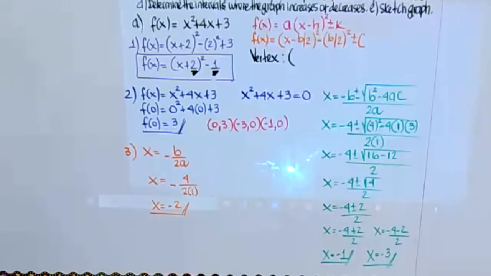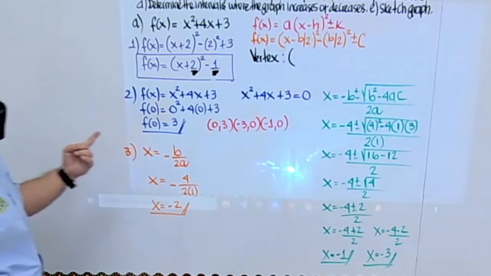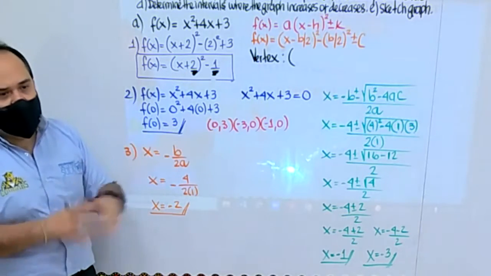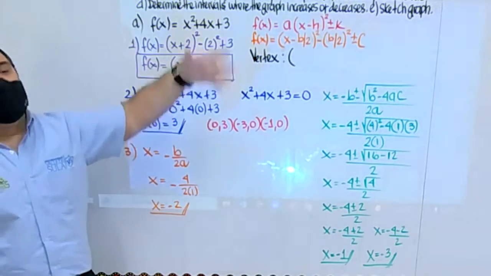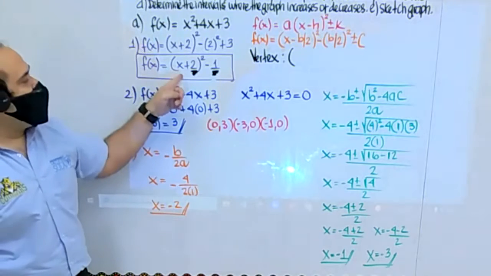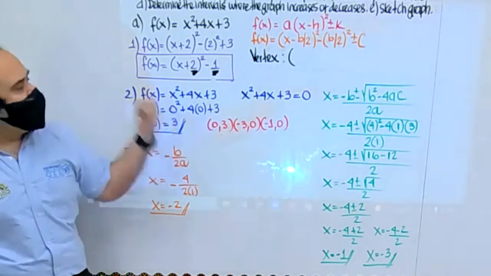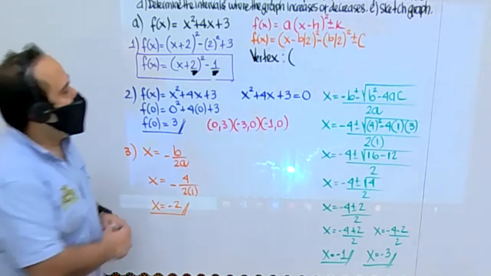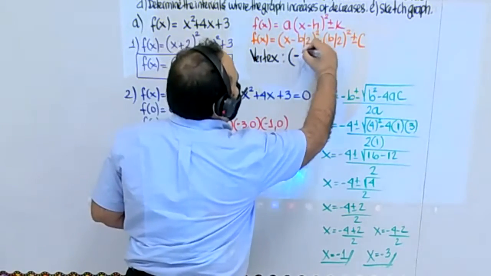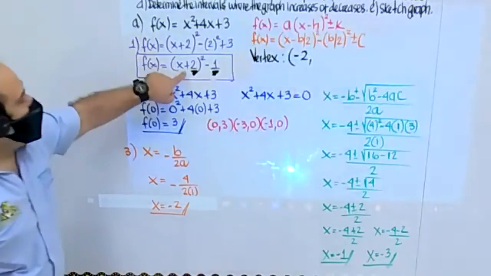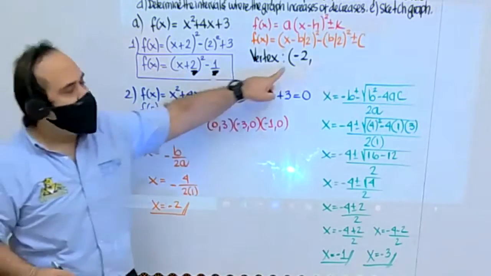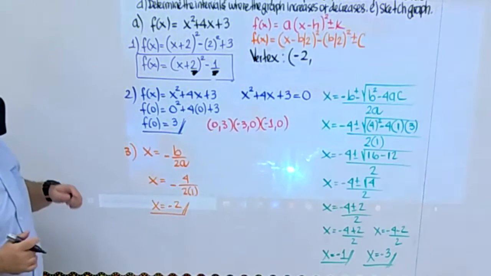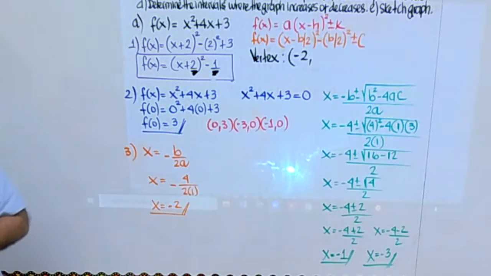What will be the difference between them? Always, for the x coordinate of the vertex, because we're using the symmetric axis, we're going to write the opposite sign of the original number that is adding or subtracting with the letter x. In this case, because we have positive 2, I'm going to write in the vertex negative 2. If the original sign were negative, in the vertex it will be positive, the opposite. And the letter k is the vertical displacement.